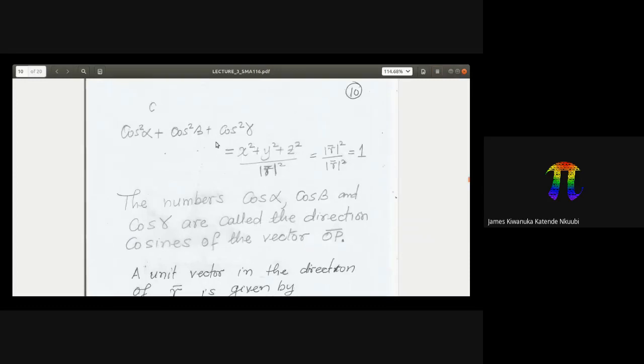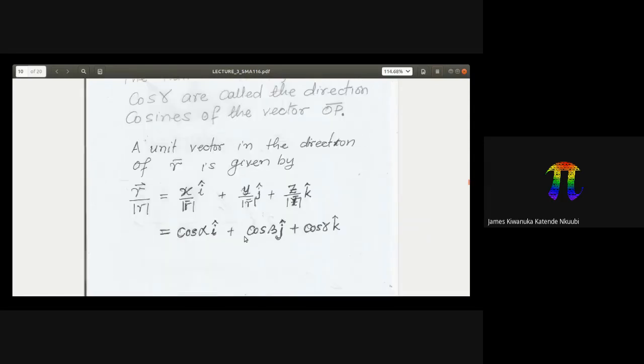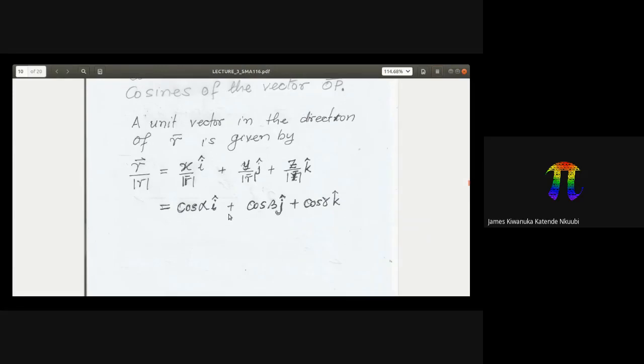Initially, we were supposed to just show that this sum of the squares of the direction cosines is equal to 1. But we have gone further to state that a unit vector in the direction of r can be written in this form, where the component of i is cos alpha, the component of j is cosine of beta, and the component of k is the cosine of gamma.